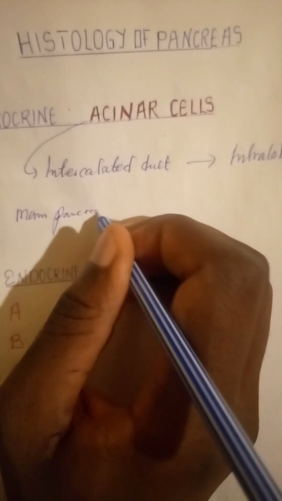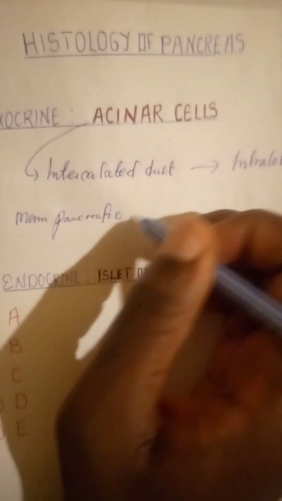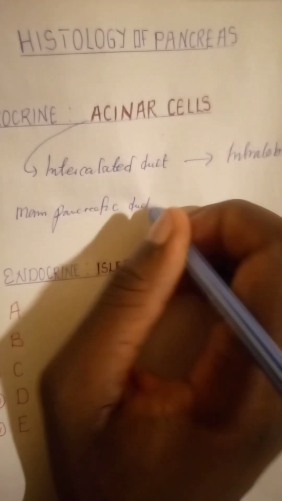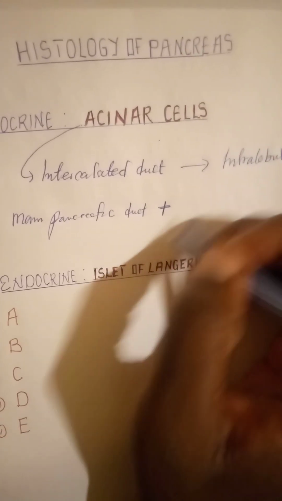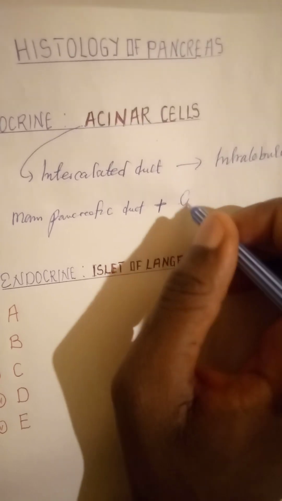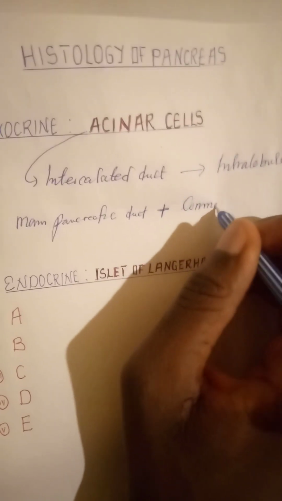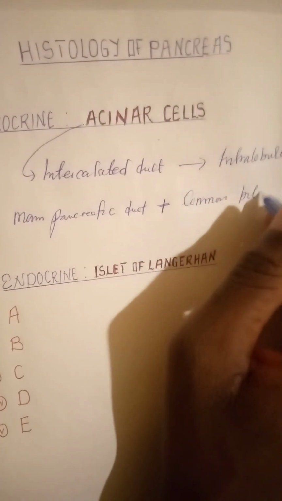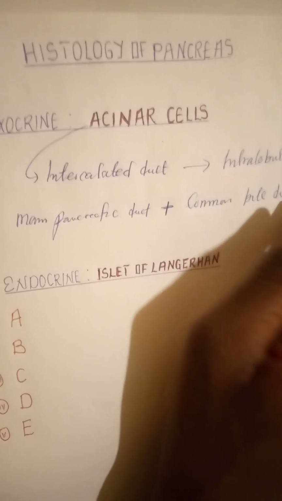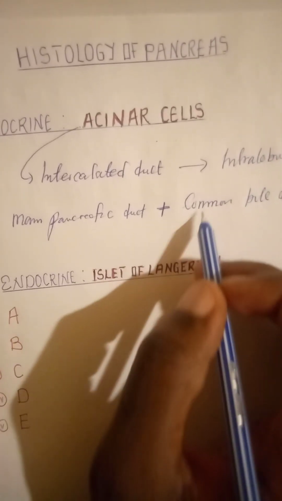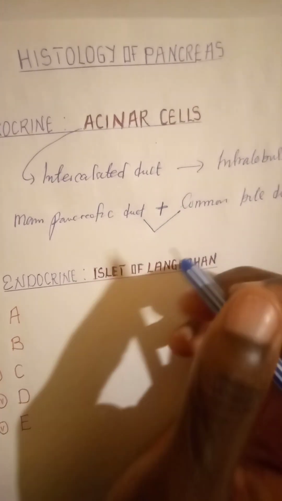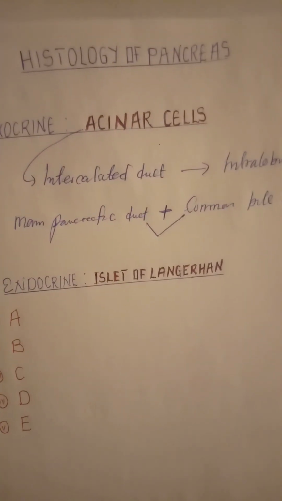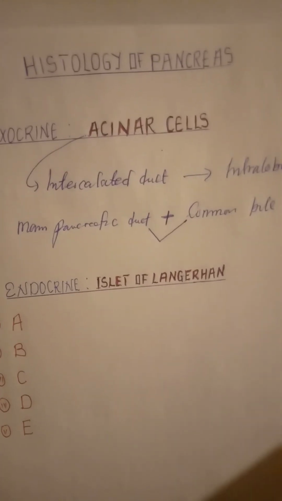So we have the main pancreatic duct, and then this main pancreatic duct will be joined by the common bile duct. Once it is joined by the common bile duct, these two are going to drain into the hepatopancreatic ampulla of Vater.